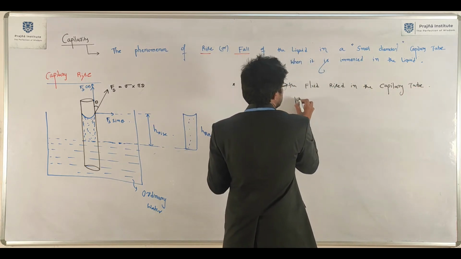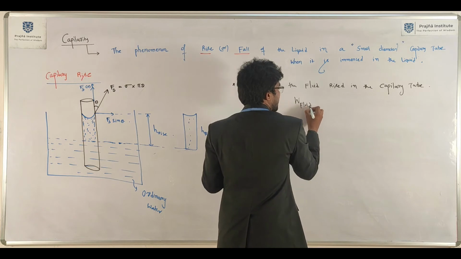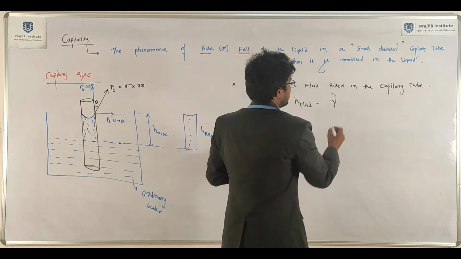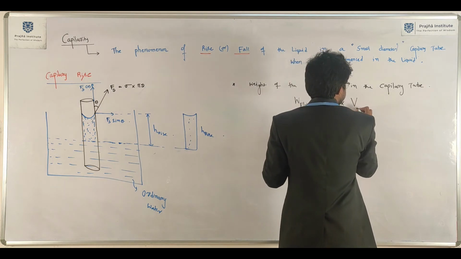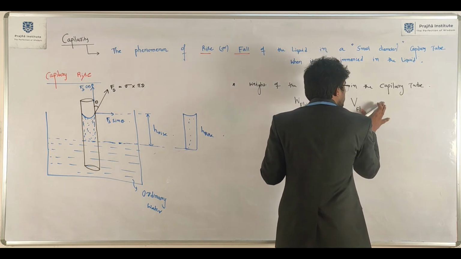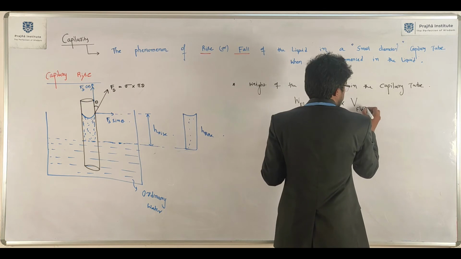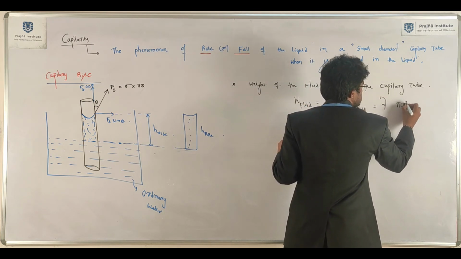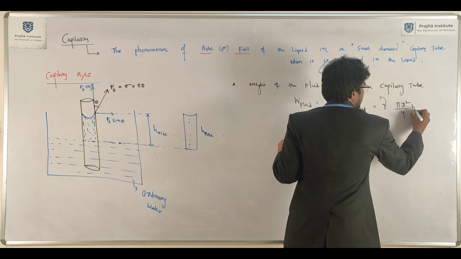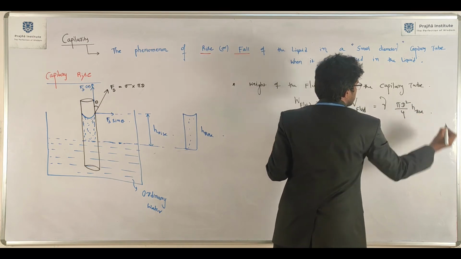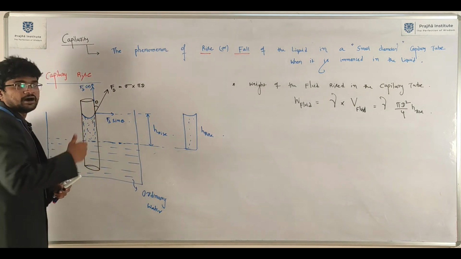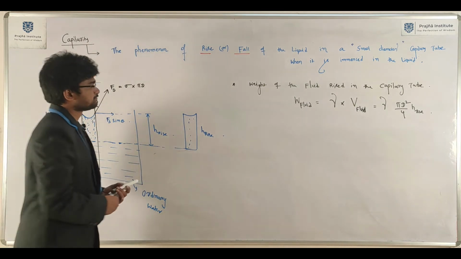Weight of the fluid equals the product of specific weight of the fluid into the volume of the fluid raised. Volume of the fluid raised: gamma pi d square by 4 into H rise. This much amount of fluid is raised in the capillary tube.